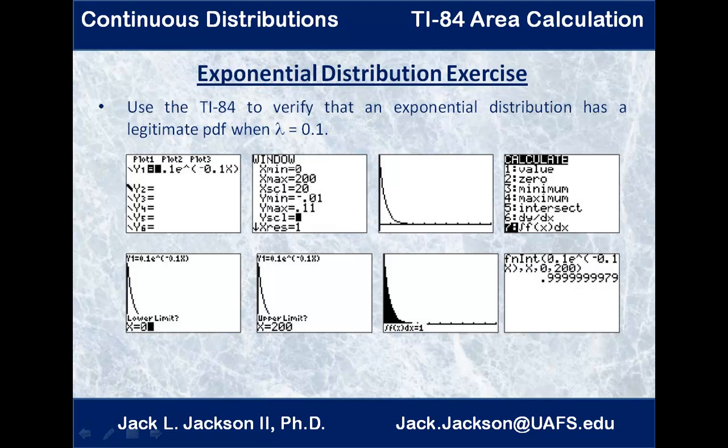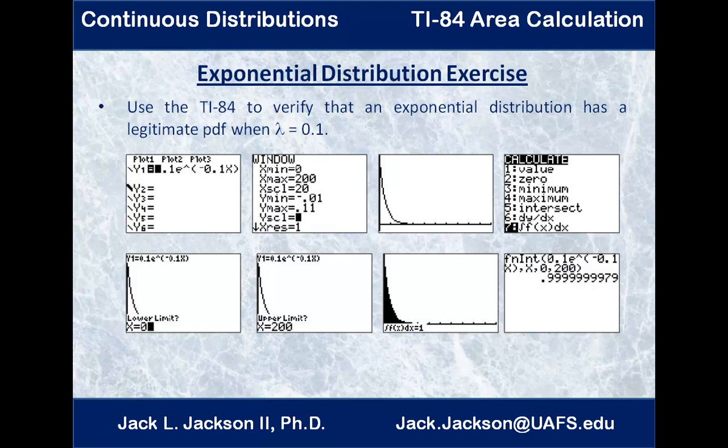So, here we go. We put in 0.1 e to the power negative 0.1x for y1. We graph it on a window from 0 to 200. I want about 10 marks, so I'll make them every 20.